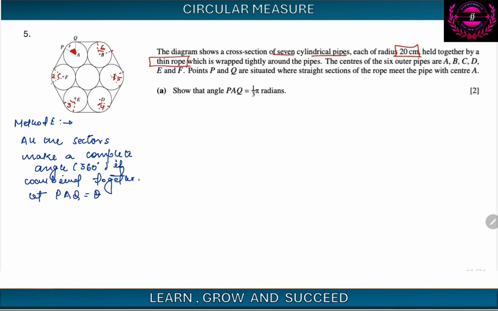So sum of all the angles of 6 sectors will be 6 theta, and if combined together they make 360 degree, or you can say 2 pi, which is equivalent to 360 degree in radians. So theta becomes 2 pi by 6, which is pi by 3 radians. This is method 1. Now let's go to method 2.